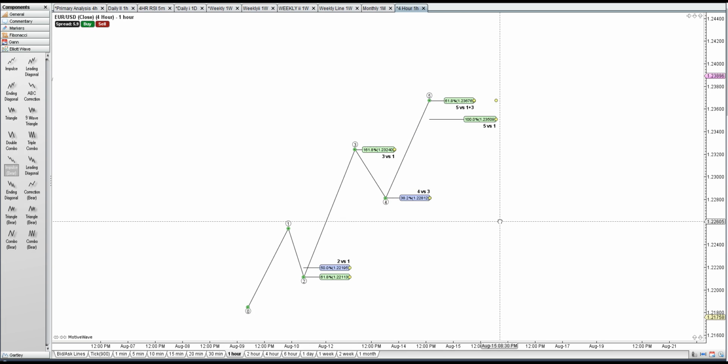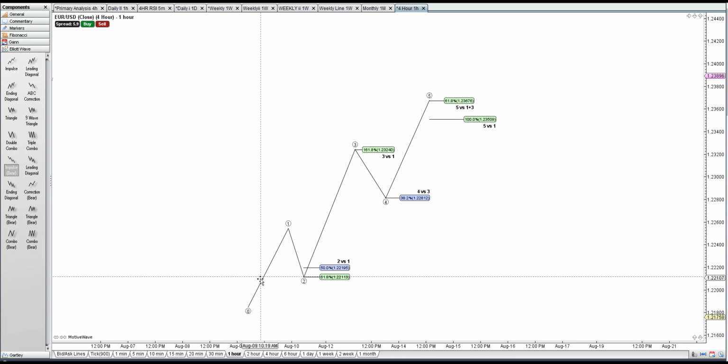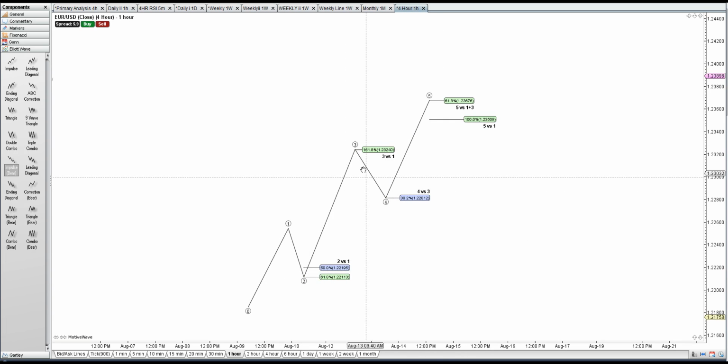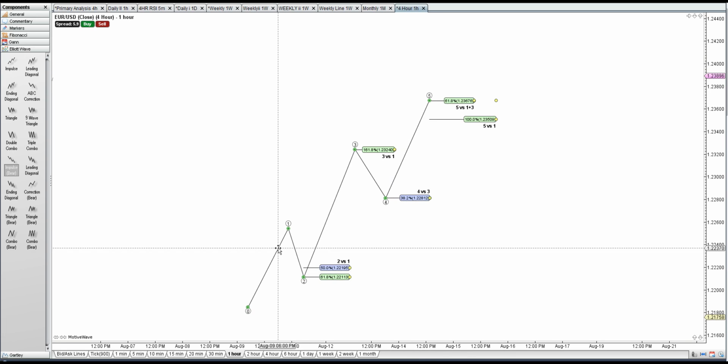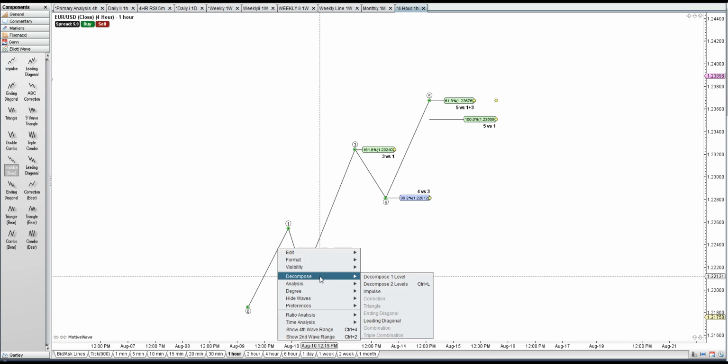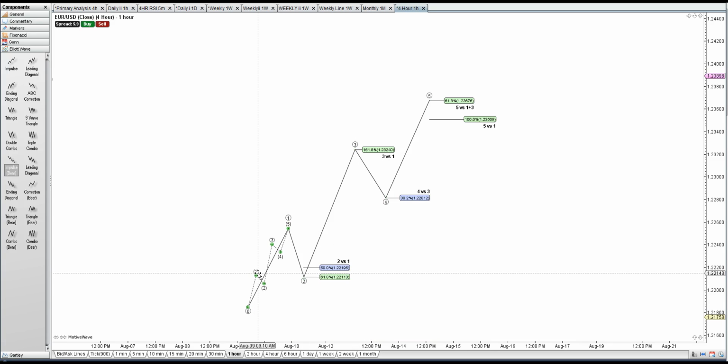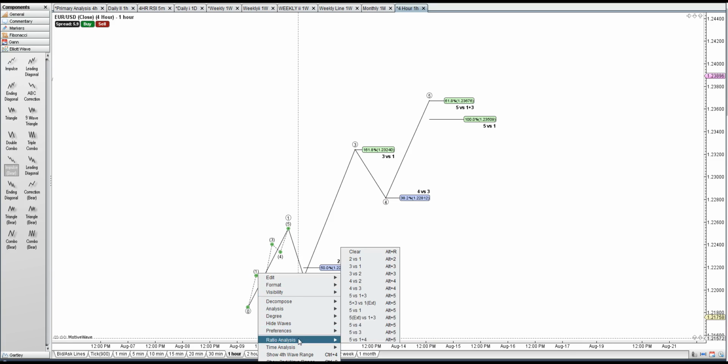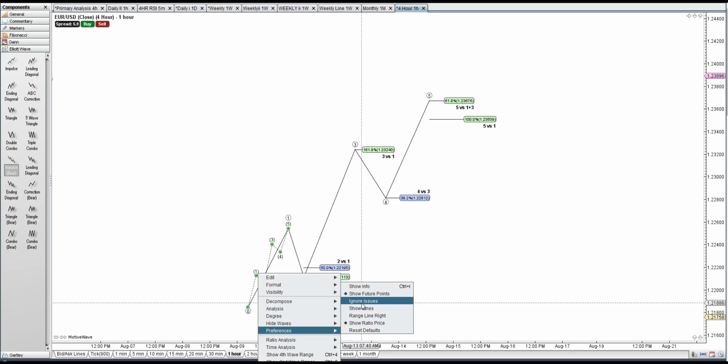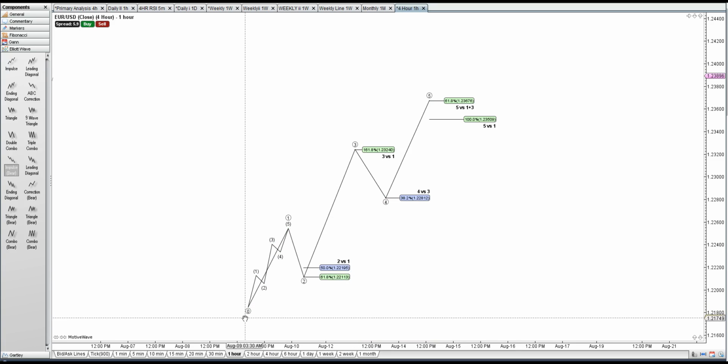Now, within each impulse wave, waves 1, 3, and 5 are impulse waves, and you can break those down. We'll just decompose the impulse. Those waves are usually broken down into 5 waves.